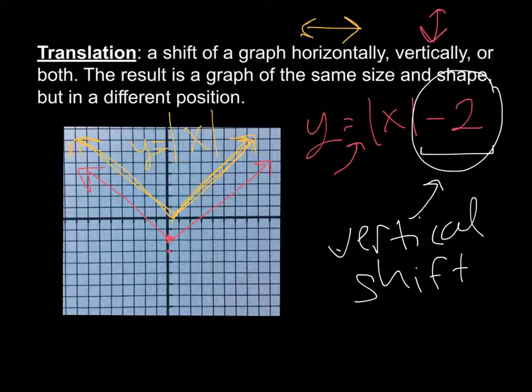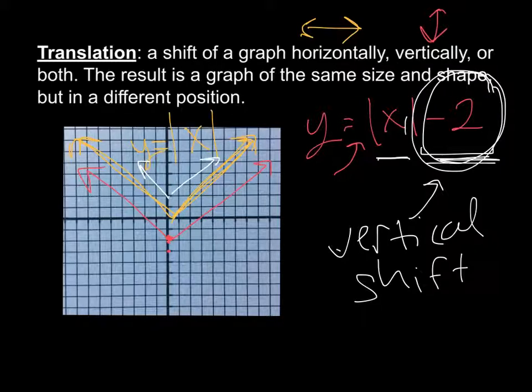So my graph looks exactly the same, except I shifted down 2 on the y-axis. Whatever's being added or subtracted from the absolute value term, outside of it, affects the vertical shift. If it was positive 2, I would have gone up to where y equals 2. That would have been y equals the absolute value of x plus 2.